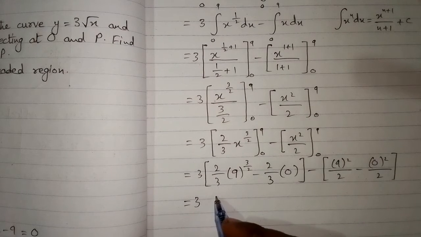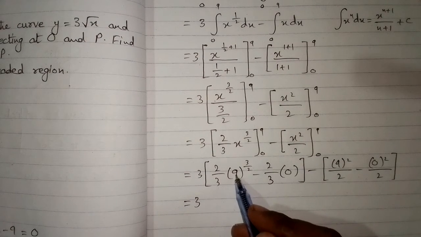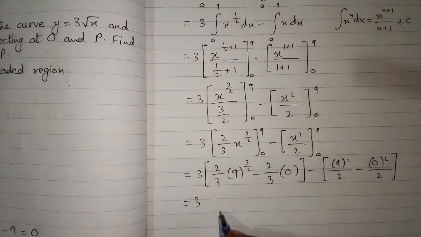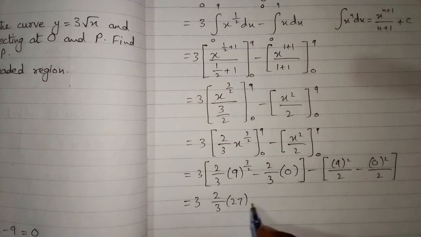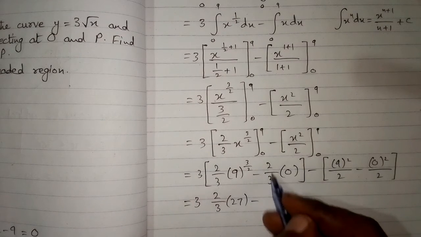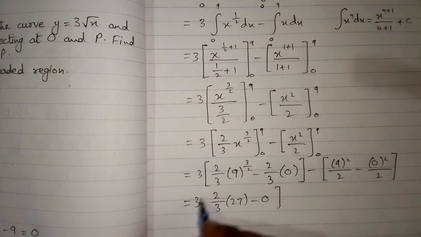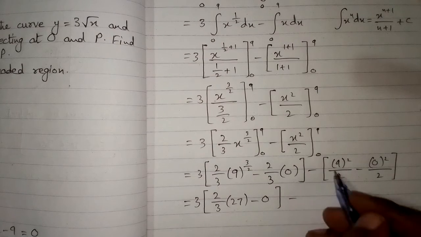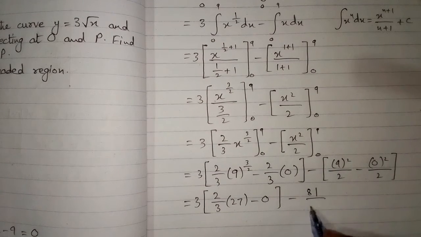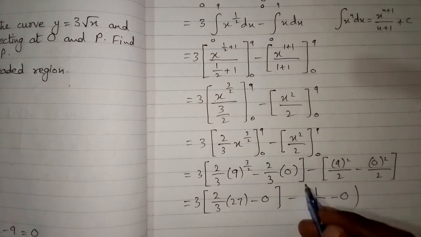Now we have 9 to the power 3 upon 2 is 27. So we have 27, and 2 upon 3 multiplied by 0 is 0. Then here we have 81 upon 4 minus 0.